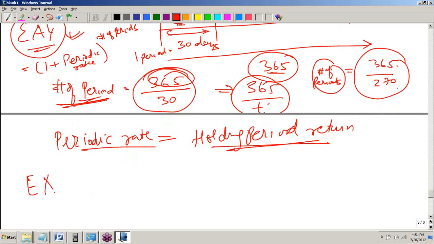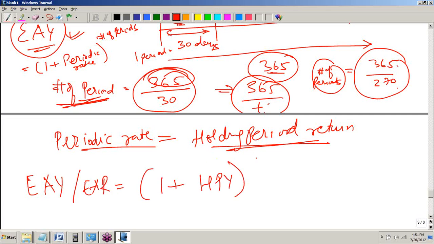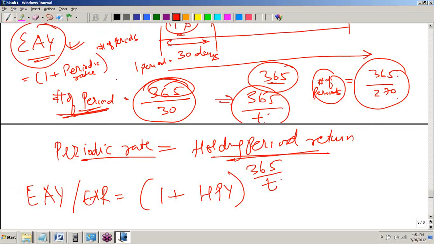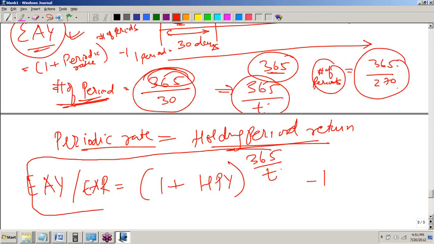Right? So your effective annual yield or effective annual rate in this case will become 1 plus holding period yield to the power 365 by T. Please note that 1 plus should be there, and a minus 1 is there. So this is the formula of your effective annual rate.